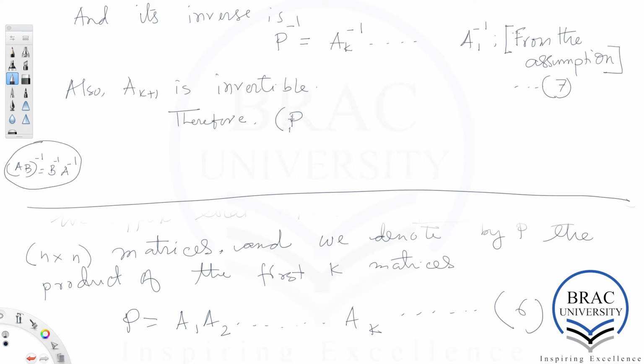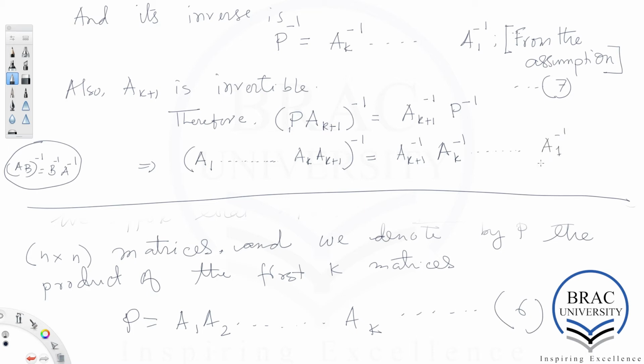So using this result, we can write that P times A(k+1) is going to be invertible as well, and the inverse of this resulting matrix is given by A(k+1) inverse P inverse, which means the inverse of A1 to A(k+1) is going to be equal to the inverse of A(k+1) times the inverse of Ak all the way up to the inverse of A1.